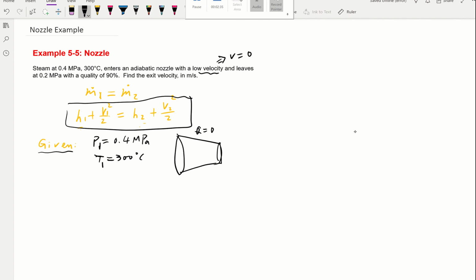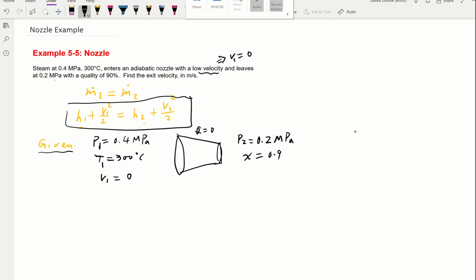So V1, the inlet velocity, is equal to 0. And it leaves at 0.2 megapascal. So here we're going to write down the pressure on this side. That's the beauty of drawing this sketch for an open device. 0.2 megapascal, and the quality x is equal to 0.990%.